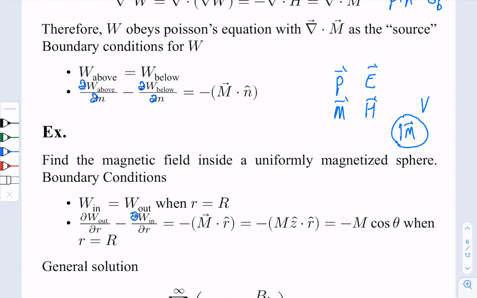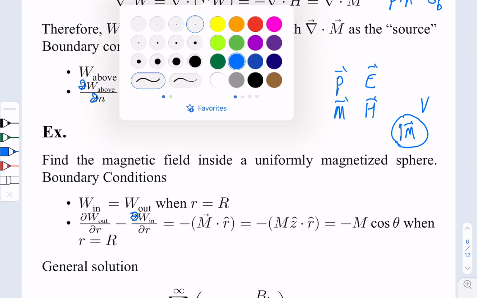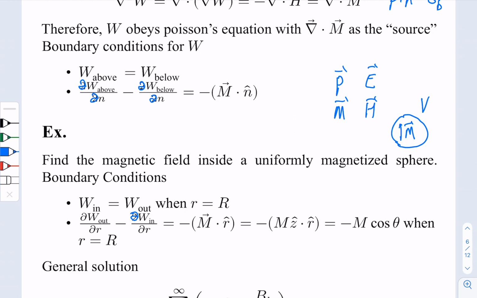A uniform vector field must have an orientation, and here we choose it to be the z-axis. So the M vector is along the z-axis, and z hat dot r hat is simply the angle between the r hat vector and the z-axis.